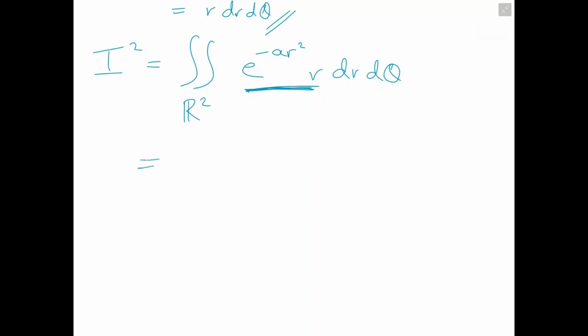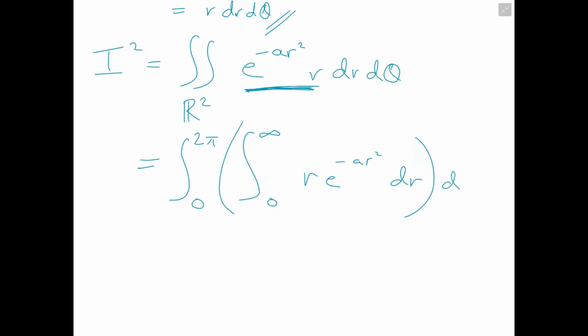So we're still integrating over R2, but instead of R2 being from y equals minus infinity to infinity, R2 is now from theta equals 0 to 2 pi, and r equals 0 to infinity, and the integral is r e to the minus a r squared dr, and we integrate that with respect to theta.